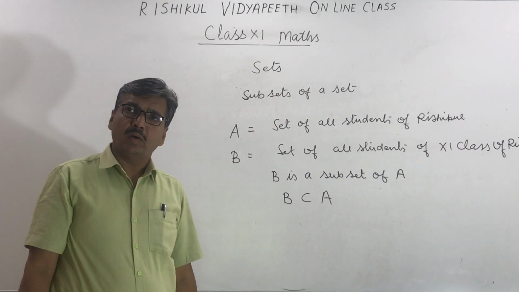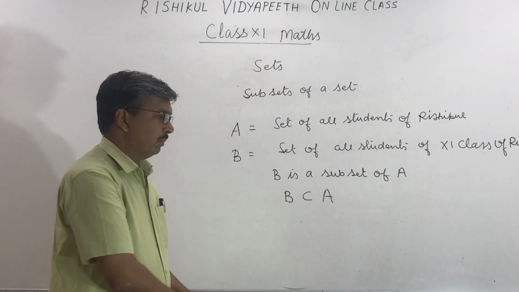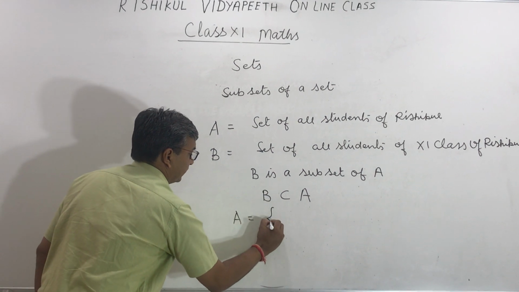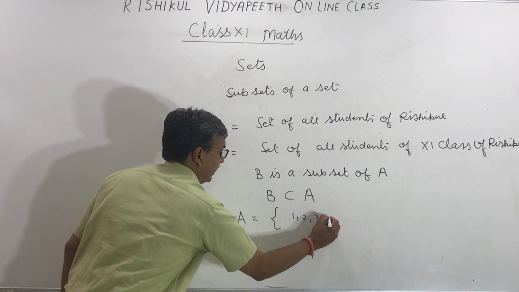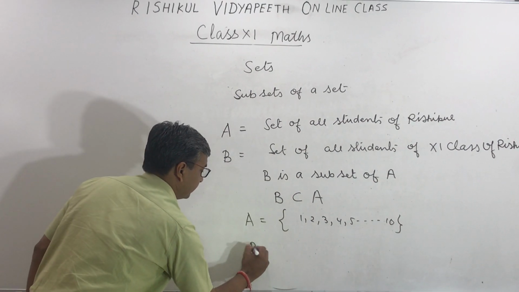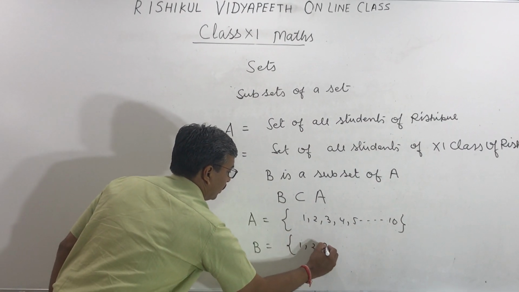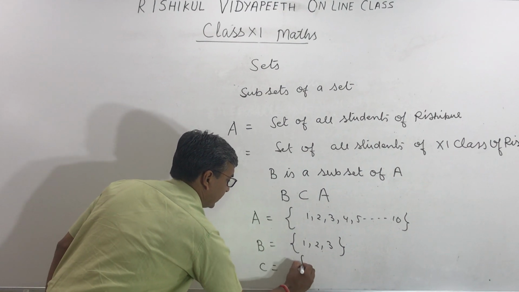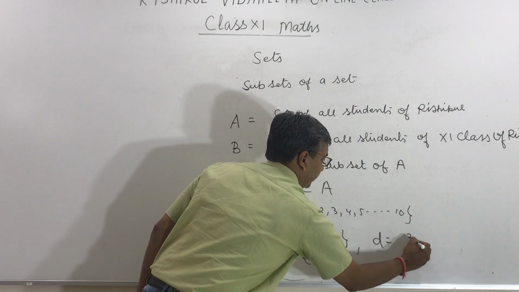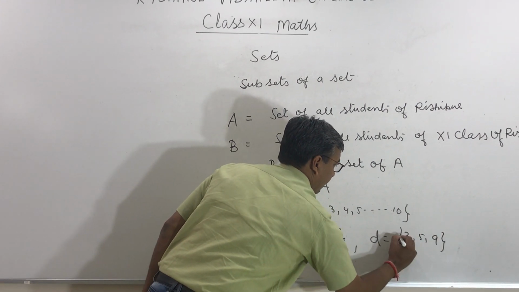Okay? Now I will write some examples. Let A be the set {1, 2, 3, 4, 5, up to 10}. B is the set {1, 2, 3}. C is the set {5}. D is the set {3, 5, 9}.